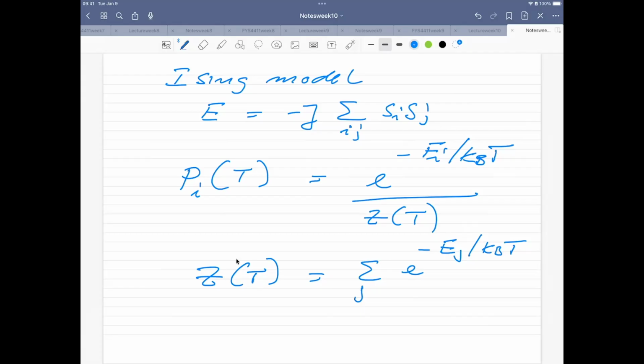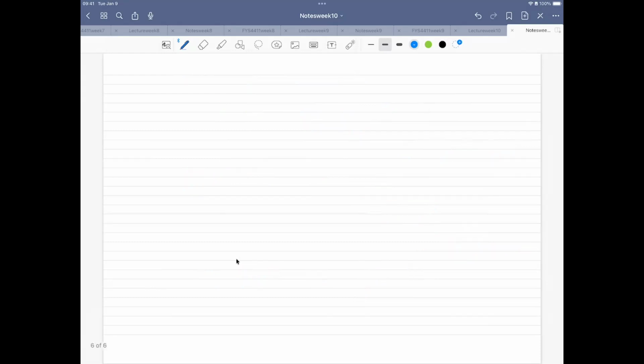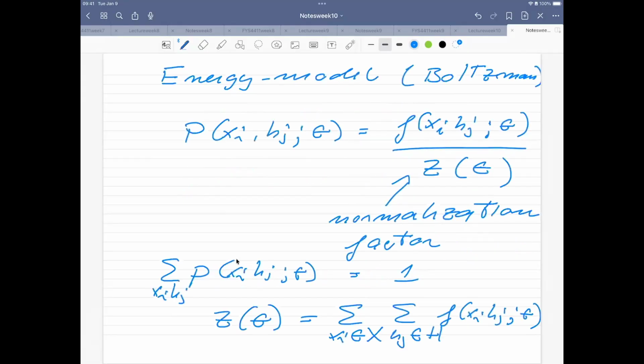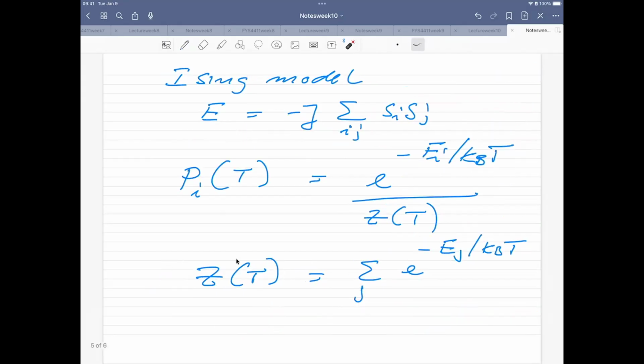But the thing is, you see why these are called energy models, because the function which we are going to operate on is this function f. And this function f you see here could actually be, and it's going to be, given by something which looks like this.